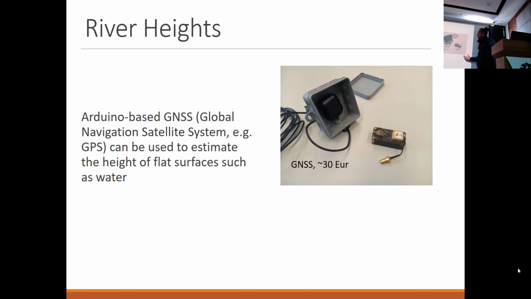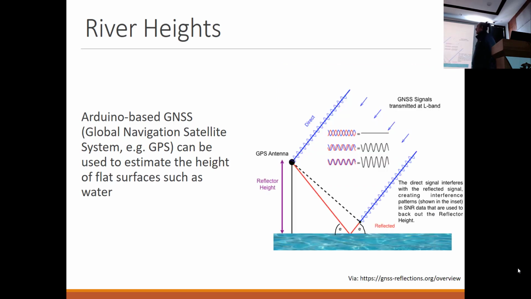And the second really nice feature is that GPS data can be used to measure flat surfaces. You can measure the change of a surface. This basically works from whenever you have a GPS satellite, it is always sending a signal down to the Earth. Your phone is receiving it, my GPS chip is receiving it. We're just always getting hit with GPS signals from several different satellites at the same time.